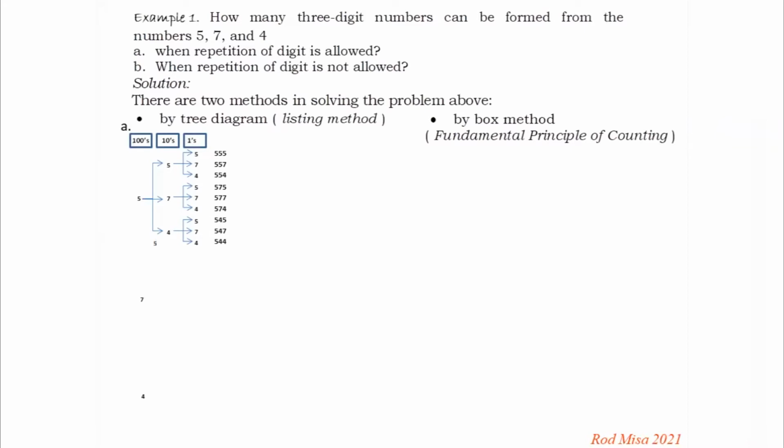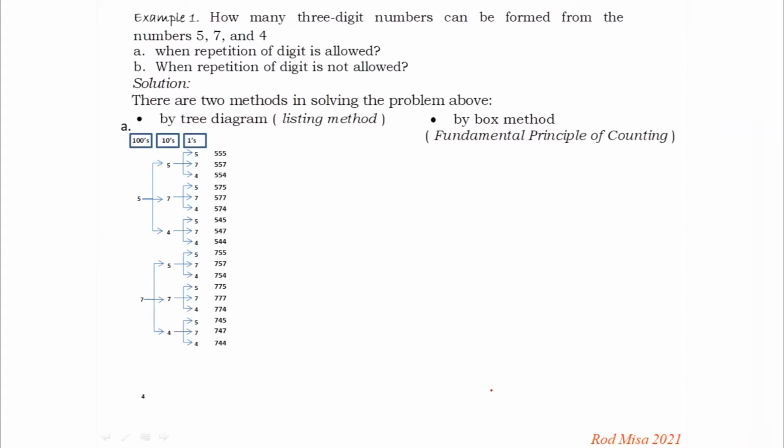But we can also place 7 in the hundreds place and then trace a number which is 755, or you can have 757, or 754, or 775, or maybe 777, 774, or 745, 747, or 744.